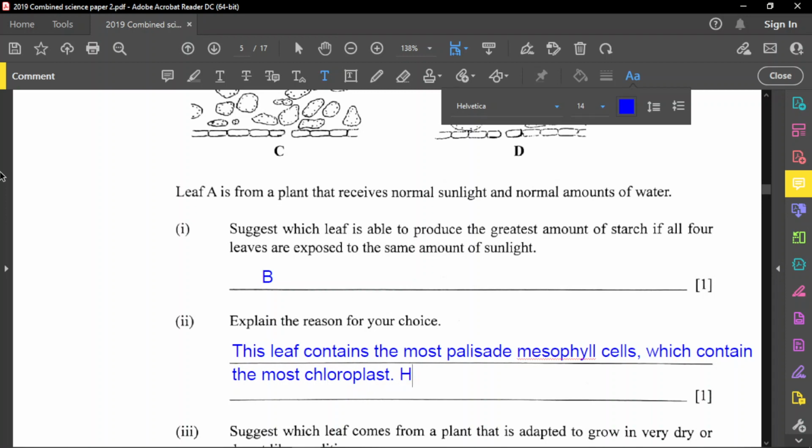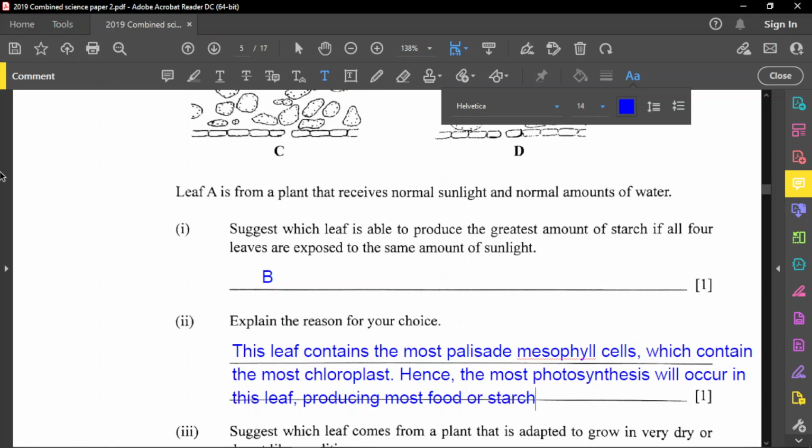So we're going to say that, and then we say hence, the most photosynthesis will occur in this leaf, producing the most food or starch, okay? Because once you have more food, it means that the sugar will convert to starch eventually, right?